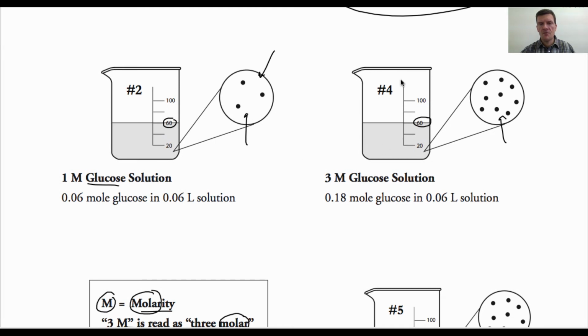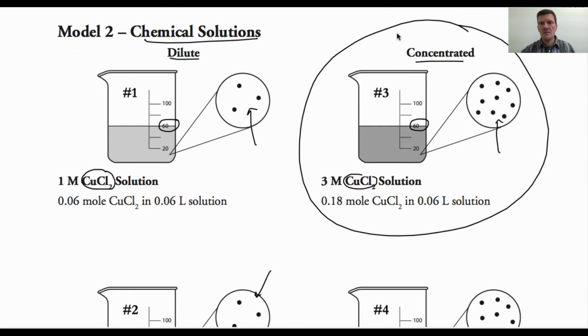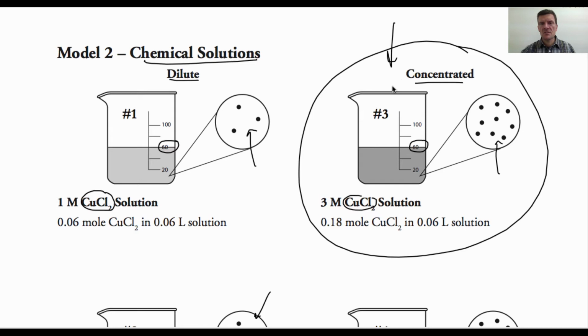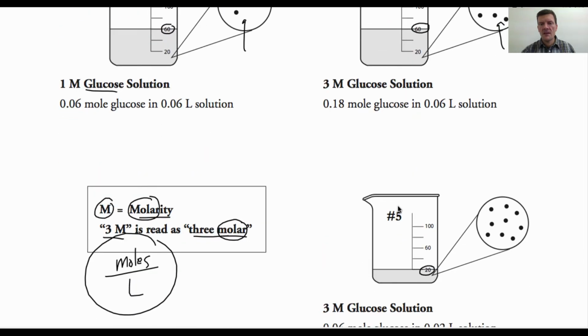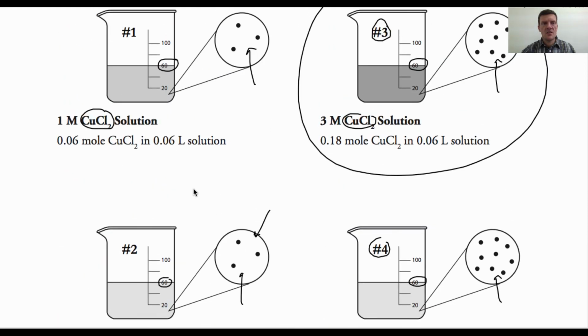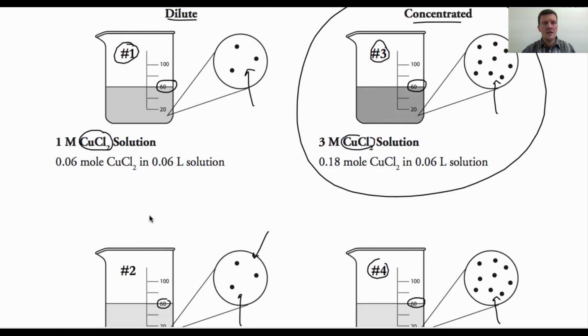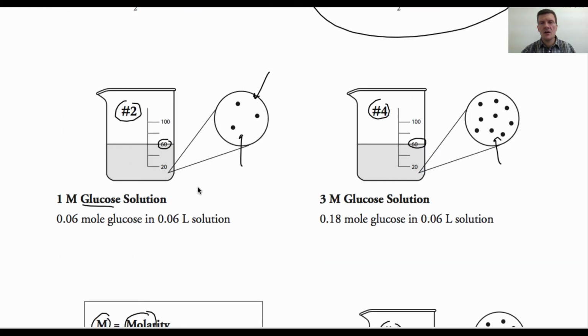I guess number 4, maybe this column they're saying here is concentrated. So this column is all concentrated. 3, 4, and 5 are concentrated, whereas 1 and 2 are dilute.